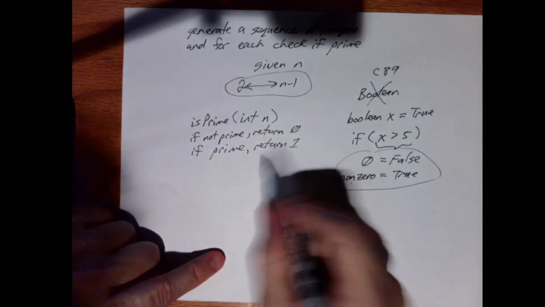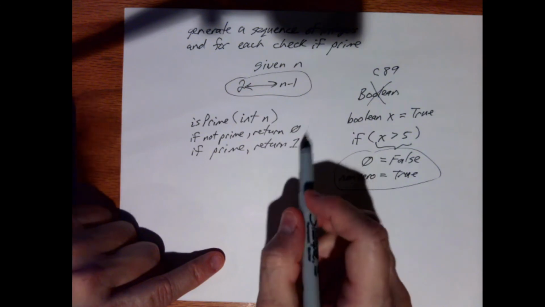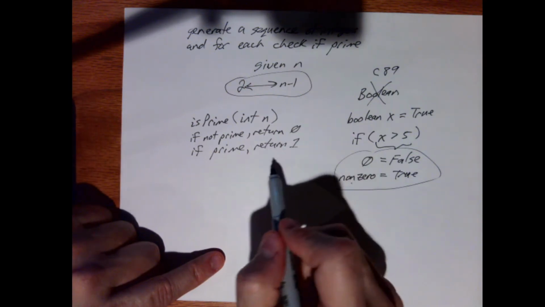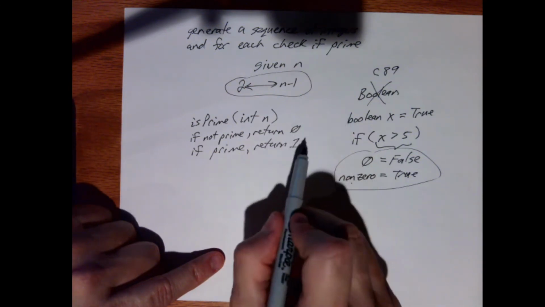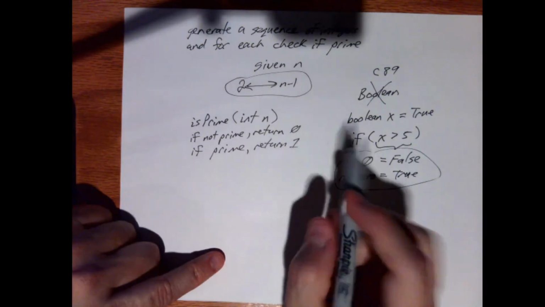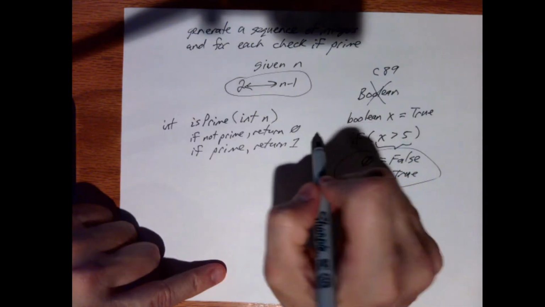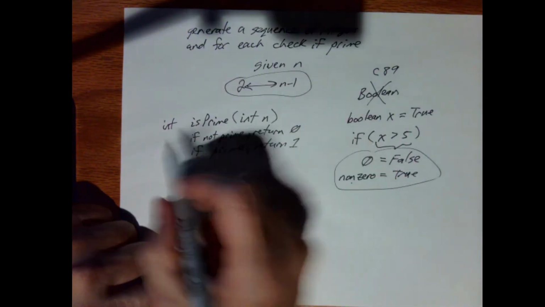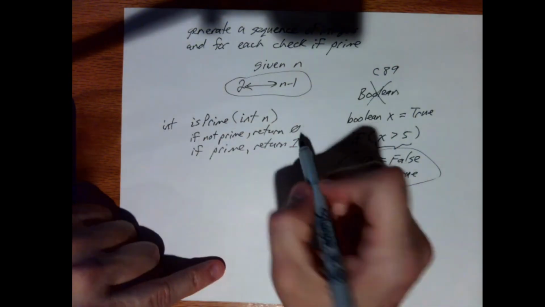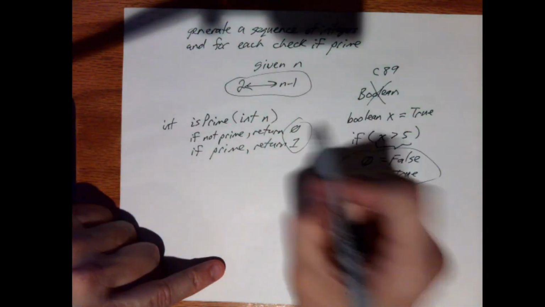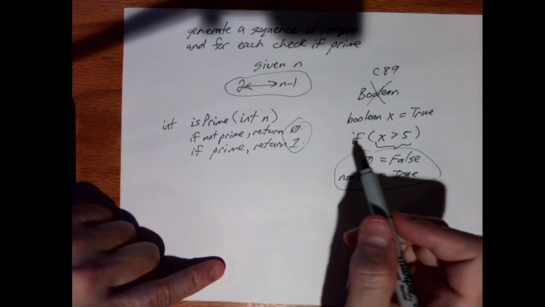I could use negative 99 if I wanted, or 17.6 or something like that. I wouldn't want to use 17.6 or even negative 99. The problem with 17.6 is I'm going to make the return type int, so I can't use 17.6. Negative 99 would technically work, but the convention is to use 0 and 1 to represent false and true. So that's what I'm going to do as well.